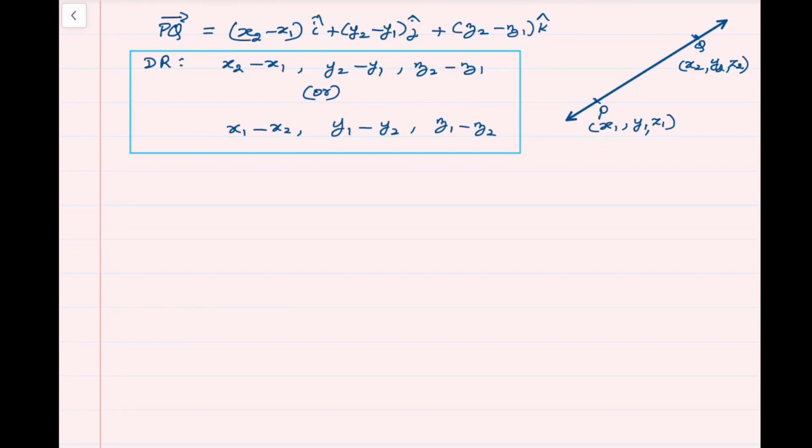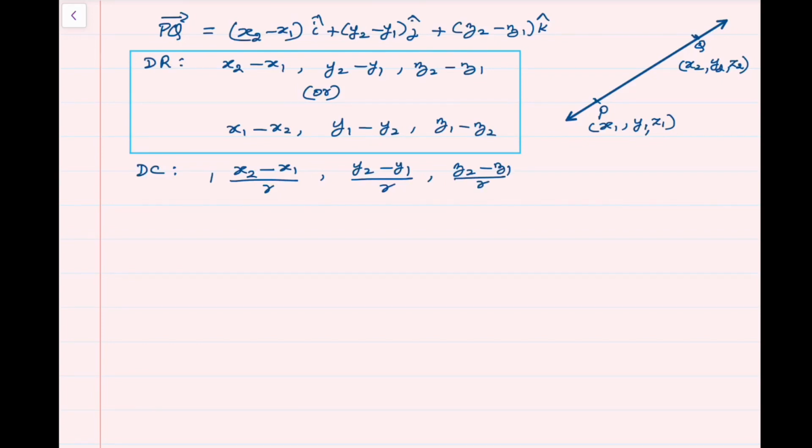Now let us see how to find the direction cosines. So to find direction cosines, we have to divide by the magnitude. So x2 minus x1 divided by r, y2 minus y1 divided by r, and z2 minus z1 divided by r.